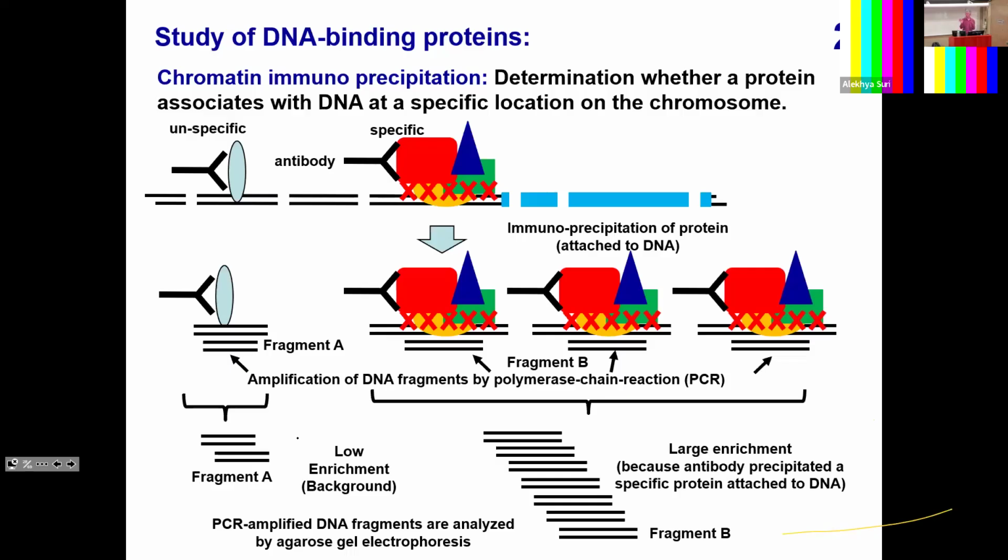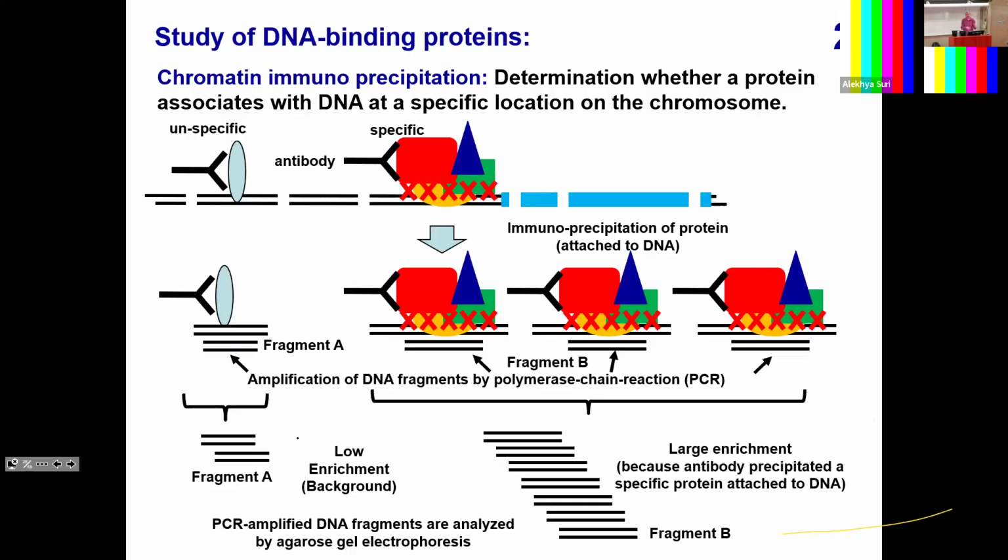So again, what you should memorize is gel shift assay, footprint, methods to identify proteins or to determine whether a protein is bound, where it binds on the DNA. But this is all with specific components, so not anything that's in the cell.